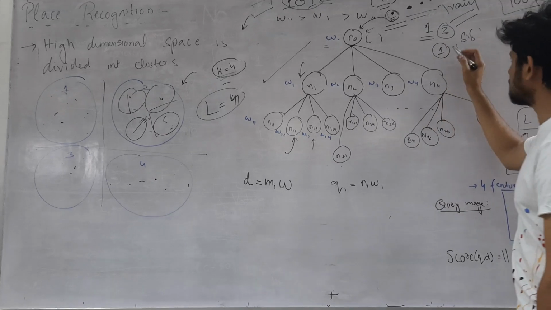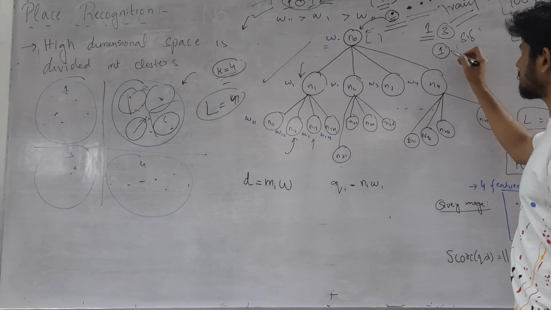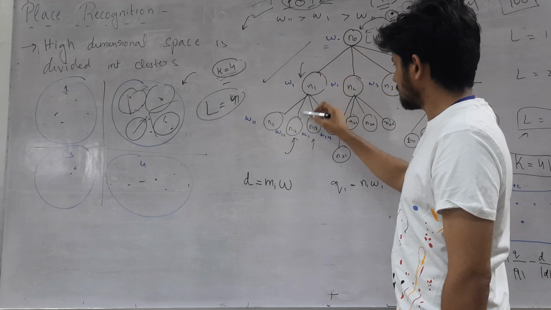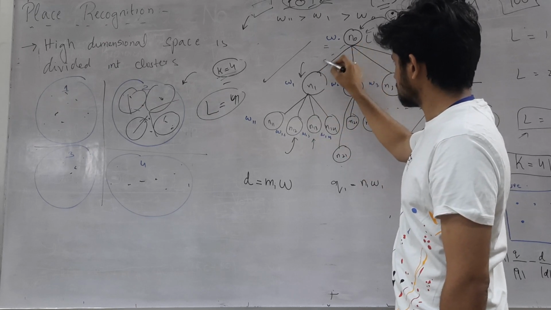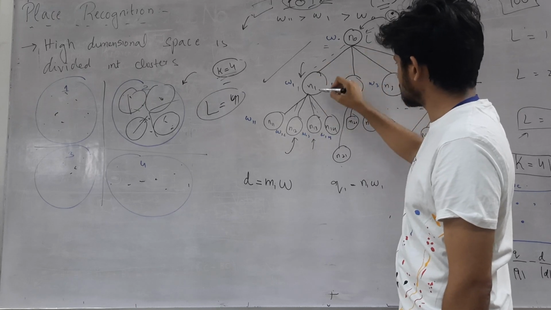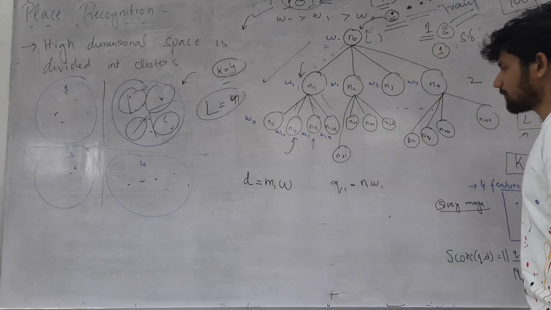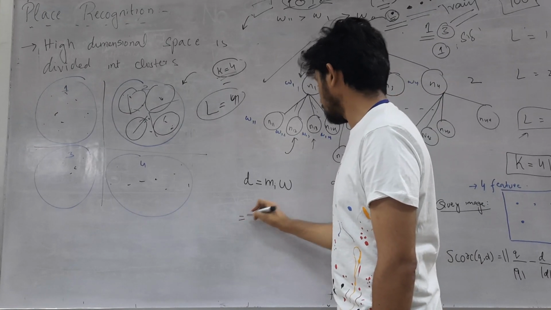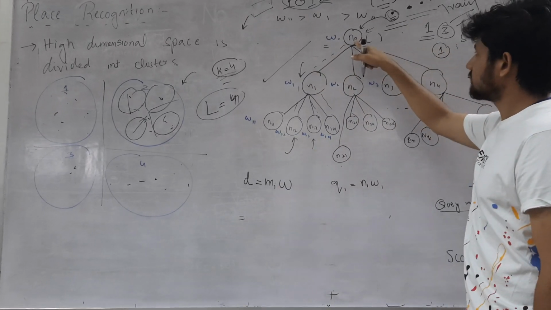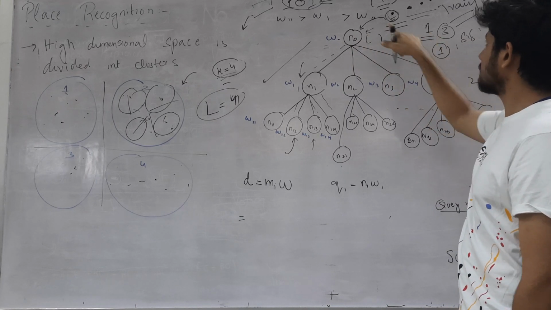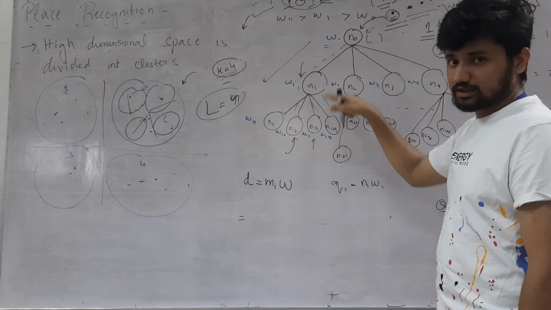So for example, if the 3 descriptors took this path from here to here, and then here, this one is the first, this one is the second, similarly this one is the third. What will happen is you will keep track of the number of times this node was visited when you were adding the new image into this tree.